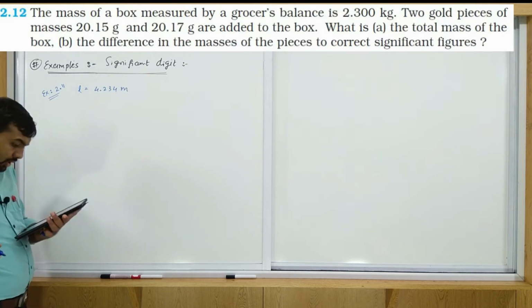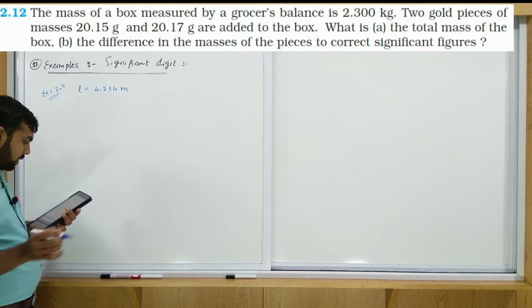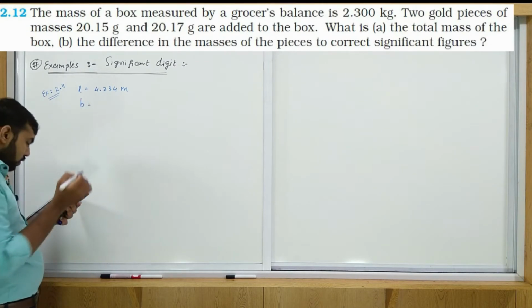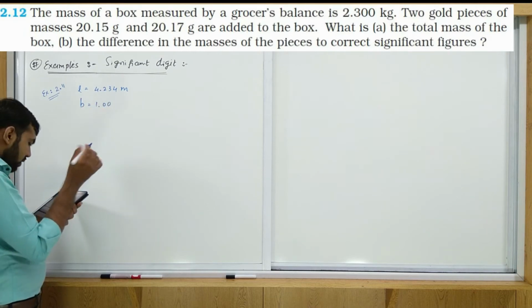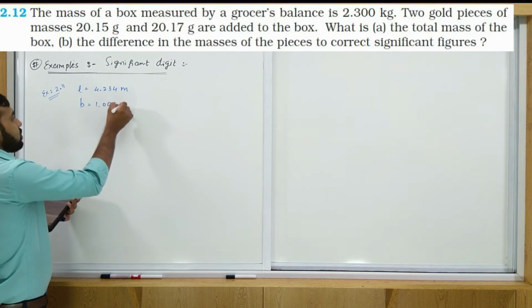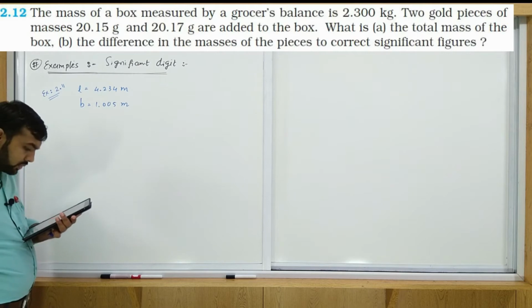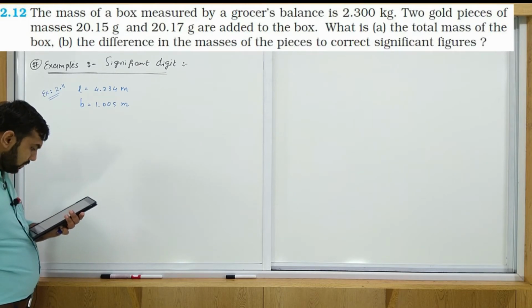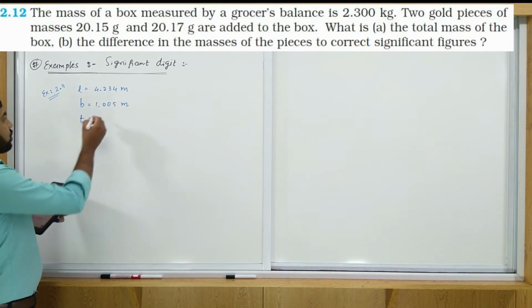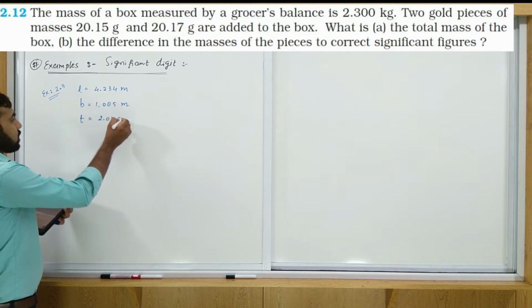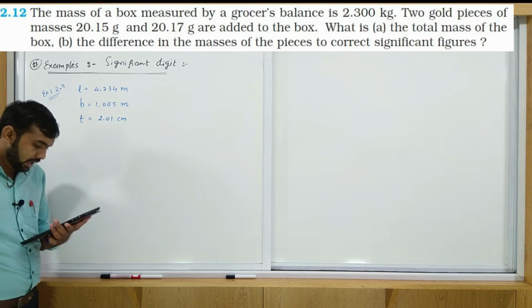Next one is breadth. Breadth is equal to 1.005 meter, and its thickness T is equal to 2.01 centimeter. This is the given data.